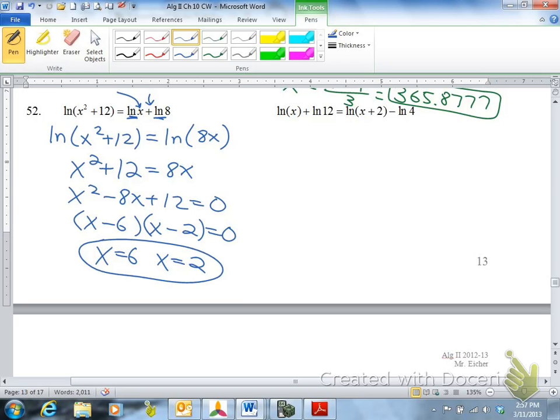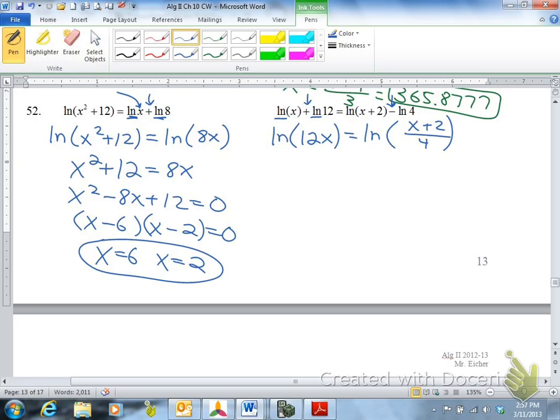And the last one, we have multiple ln's. So we have to condense ln's on this side. We have a sum. So it would be ln of a product, 12 times x, equals ln, notice this one's a difference, so it would be ln of a quotient, x plus 2 over 4.